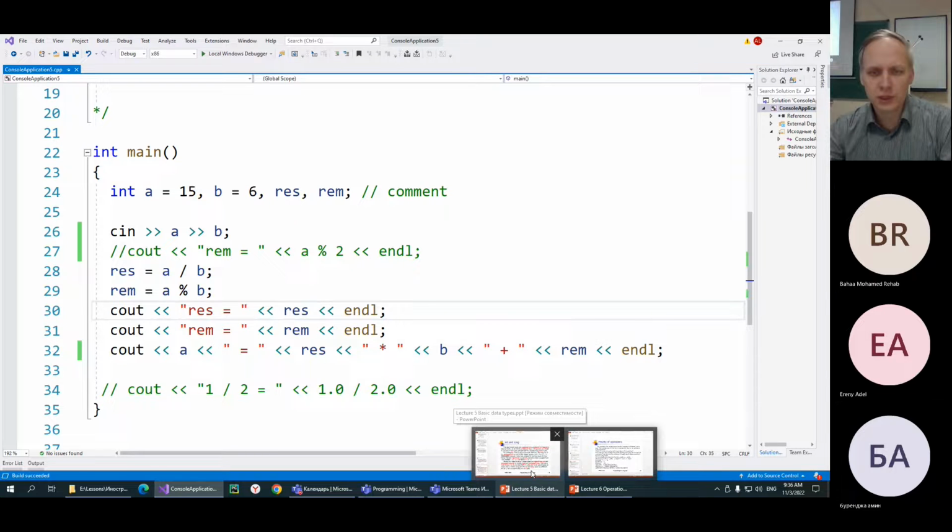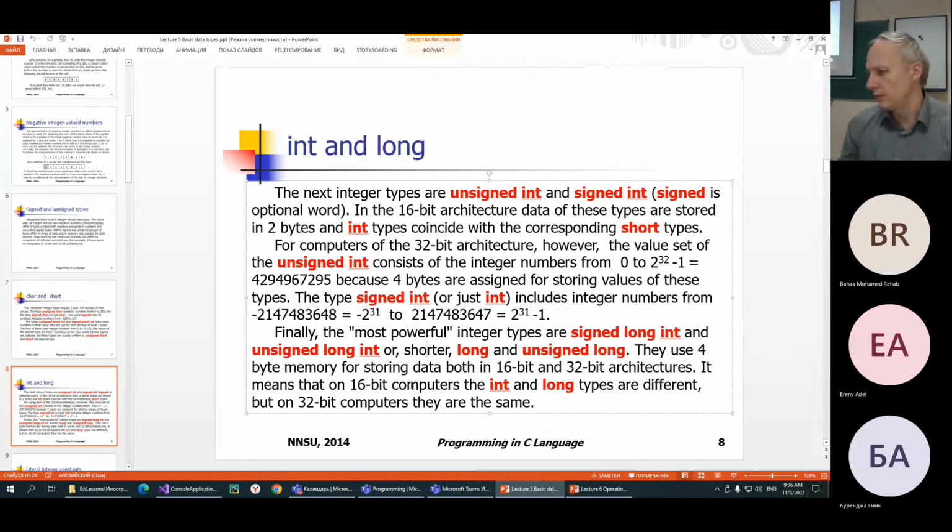Well, I don't want to consider some features of integer numbers now. Again, we will consider it later, because it is very useful to understand these features, but they do not relate directly to the programs that you write in practice right now.